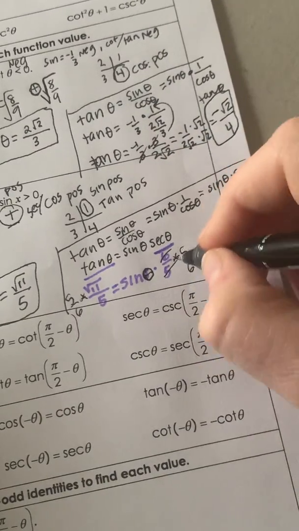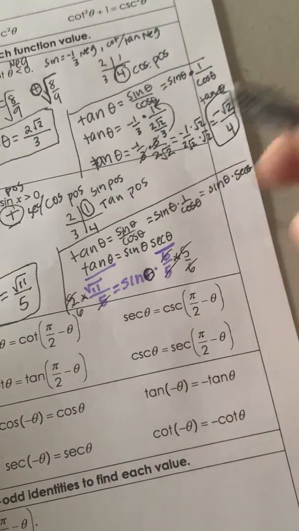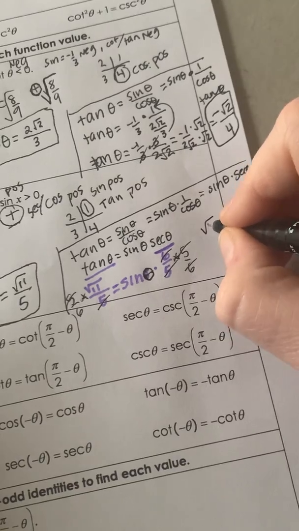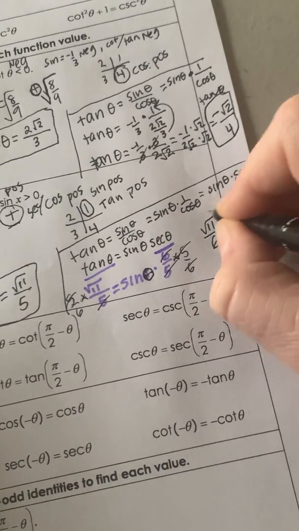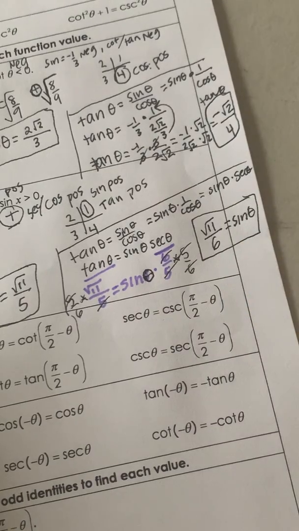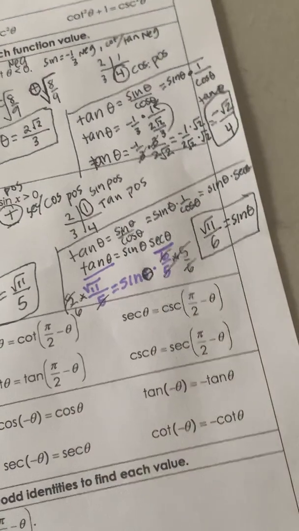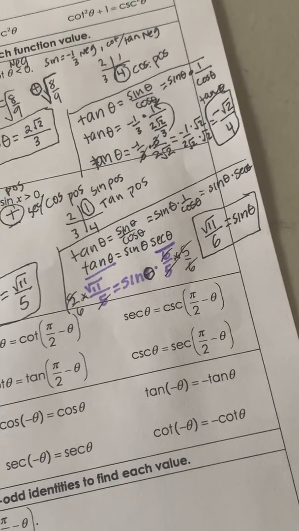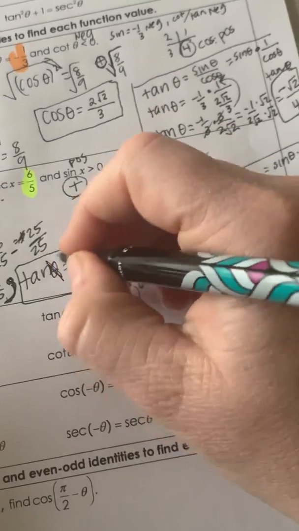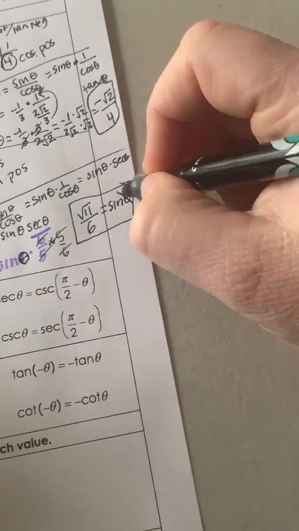On the left side, the 5's cancel. So √11/6 is sine theta. And I kept using thetas, even though it said x. Sorry, those should all really be x's, but you get the point.